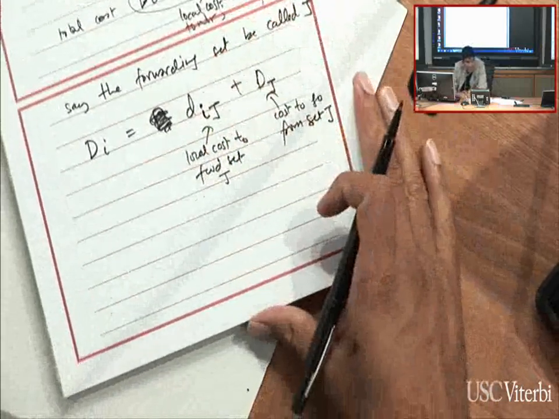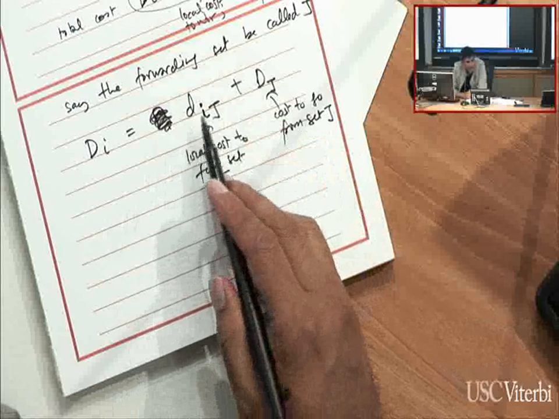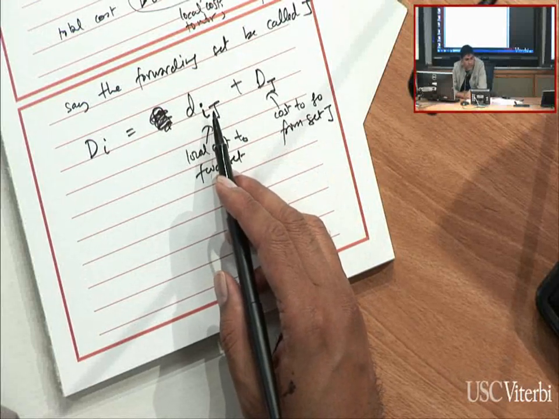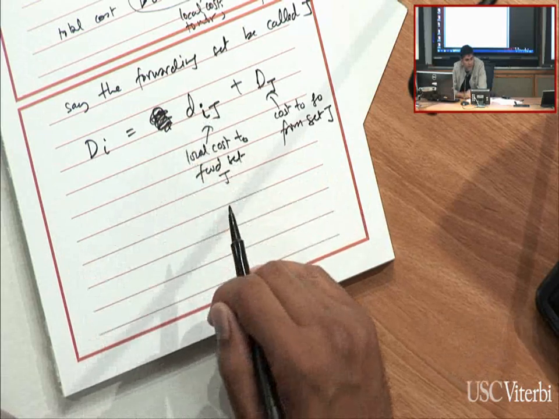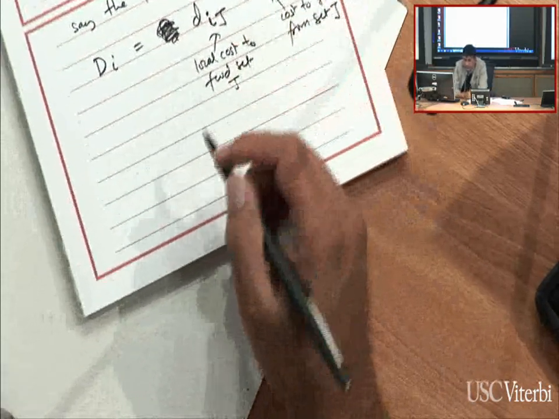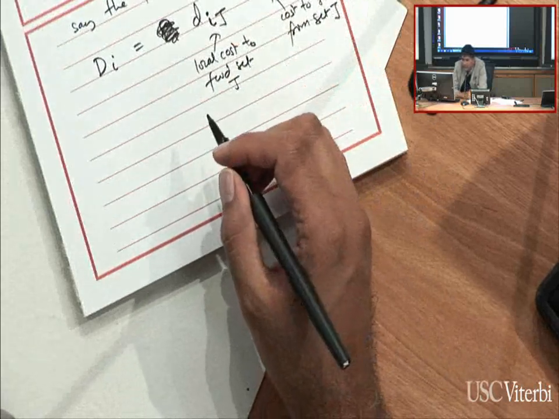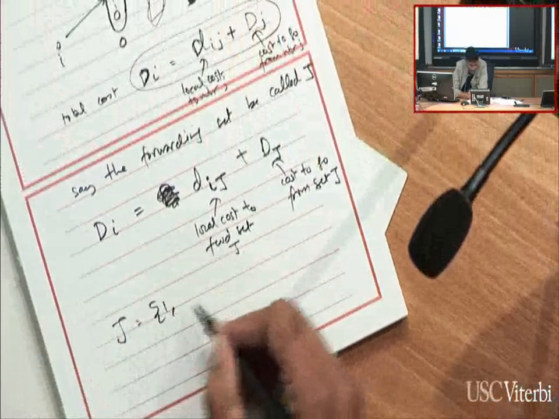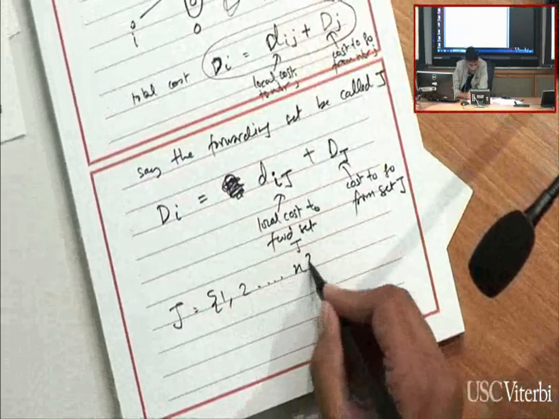In fact, we just did that for that special example. That local cost, we said, is basically a question of the probabilities of reception by each node in the forwarding set. So if, for example, your forwarding set has n nodes in it, let's just call them 1, 2, up to n.